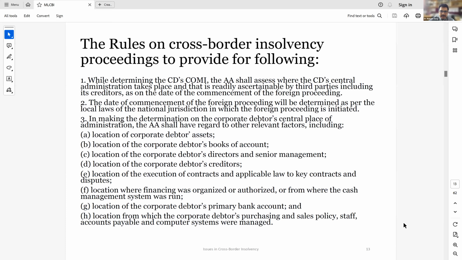In making the determination on the corporate debtor's central place of administration, the AA shall have regard to other relevant factors, including the location of the corporate debtor's assets, the location of its books of account, the location of the CD's directors and senior management, the location of the CD's creditors, the location of the execution of contracts, and the applicable law to key contracts and disputes.